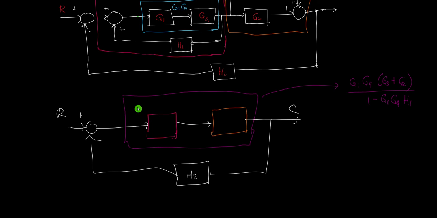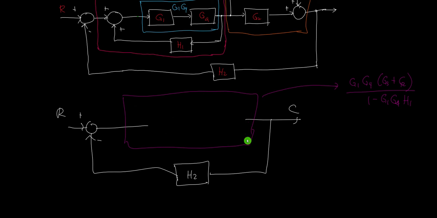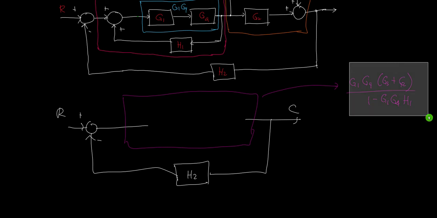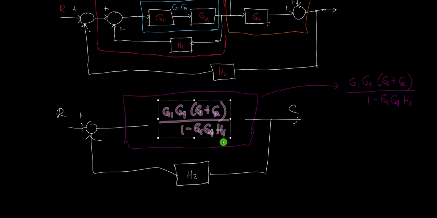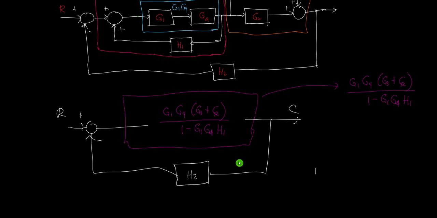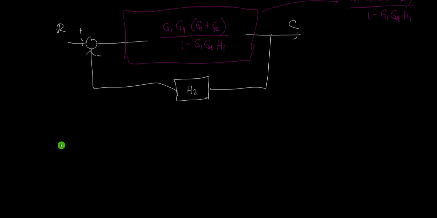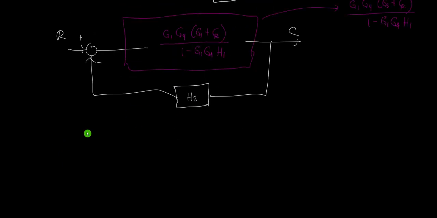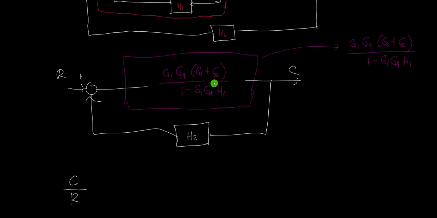It's now in canonical form. You can erase this. Then I'll just copy this one and put it there. So this is now in canonical form. What will be our C over R? We can now solve for C over R using again our formula. C over R, or the control ratio, is just G over 1 plus or minus GH. G is the transfer function at the forward part, and H is the transfer function at the feedback part.